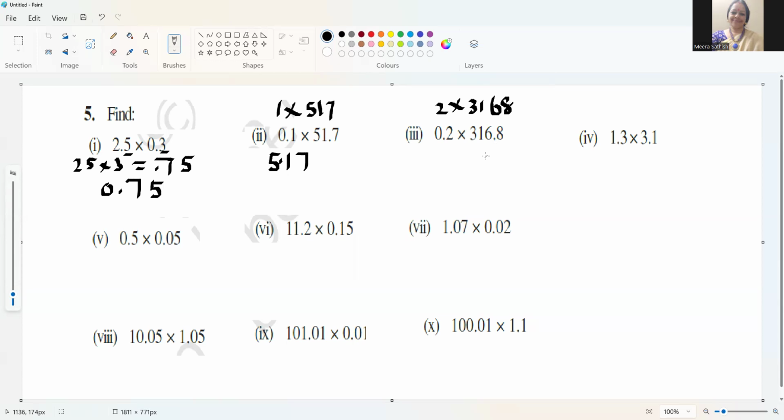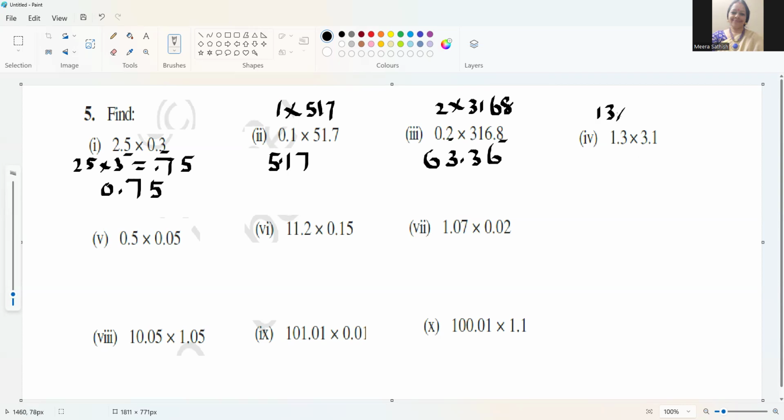On multiplying, what we will get? Correct? No? Check it once again. Yes. So 6,336, 2 decimal places total. So 63.36.